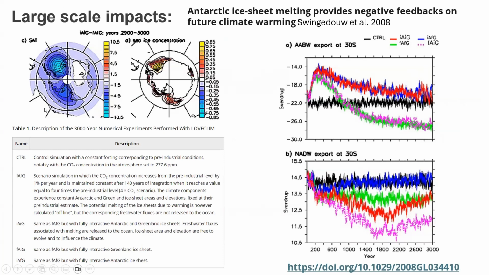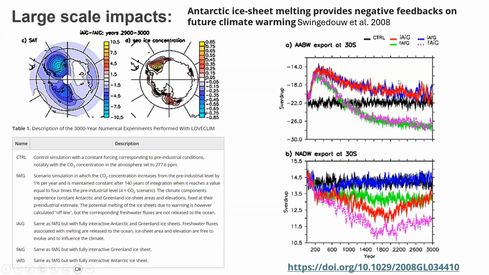But what has been pointed out is that if you add meltwater from the continent, you're cooling the atmosphere locally because you isolate the ocean from the atmosphere, and you also increase the sea ice concentration. So this goes through the ocean. You get these climate effects.